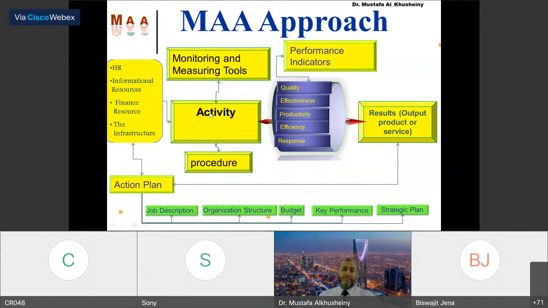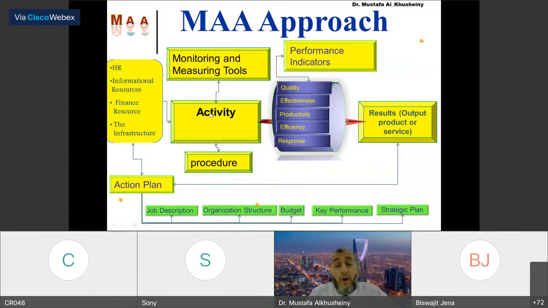And for example, any HR related to the coffee making will be the tea boy, the people who drink, the people who bring the materials for making the coffee, the sugar, and so on.